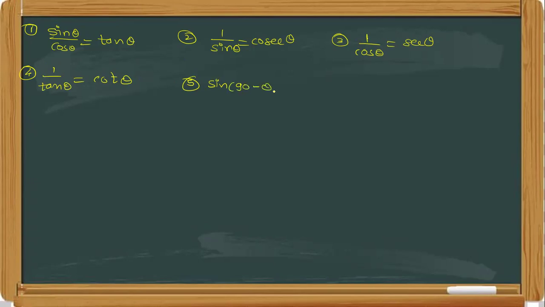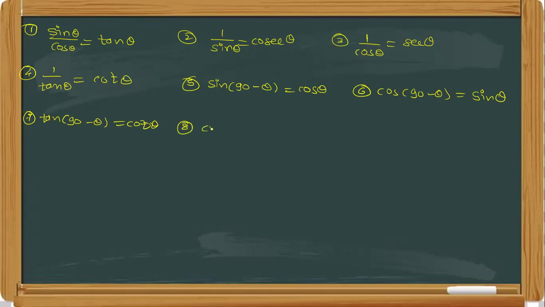90 degree minus theta is equal to cos of theta. Cos of 90 degree minus theta is equal to sine theta. Seventh, tan of 90 degree minus theta is equal to cot theta.